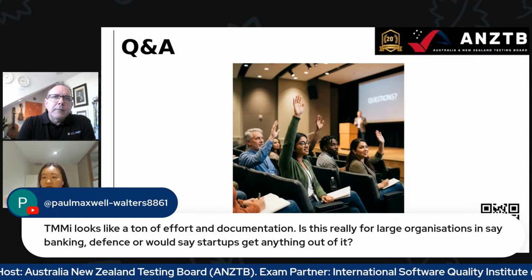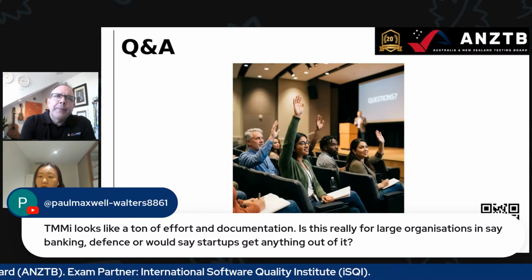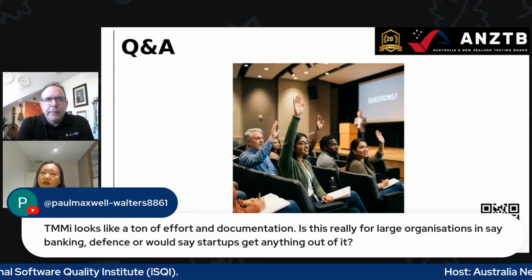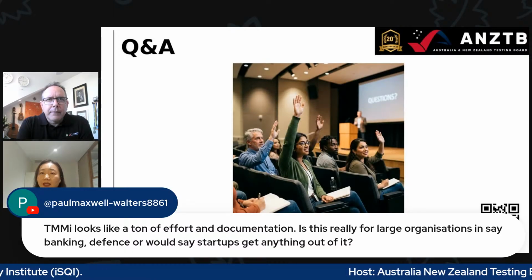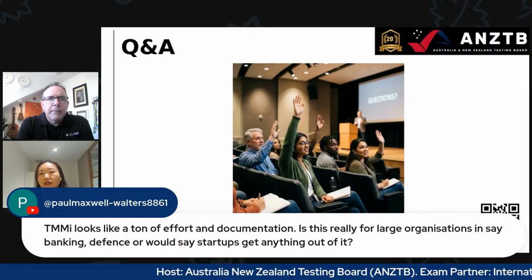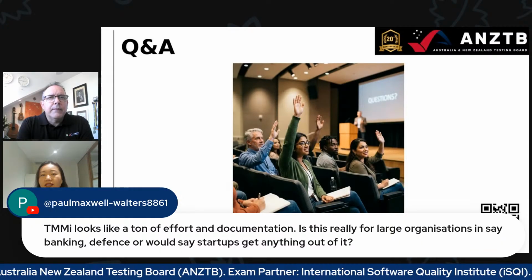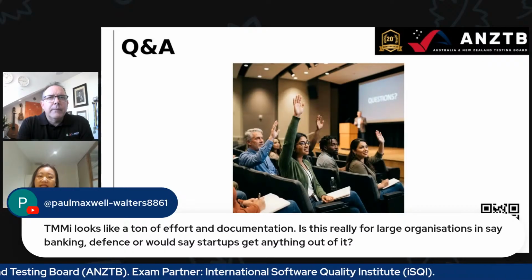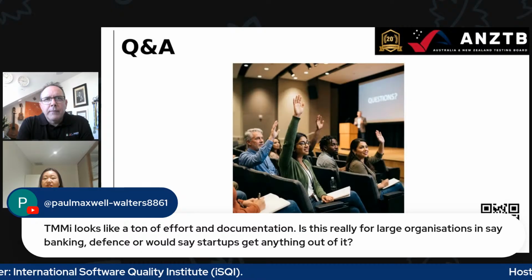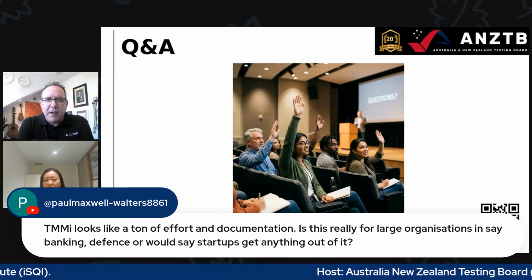And I can tell you, you can go to the TMMi website and see that mostly 60 to 70% of certified organizations are in banking, insurance, and IT service delivery companies. Why do they do that? Because we all know they have some of the most complex systems in the world, with a lot of regulation and legislation they have to be compliant with.